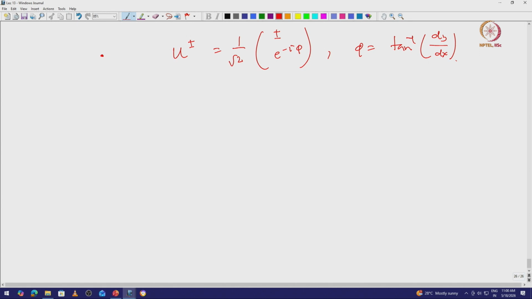And now we can compute it, and let us compute the Berry phase for minus, which is u minus, del k, u minus state.